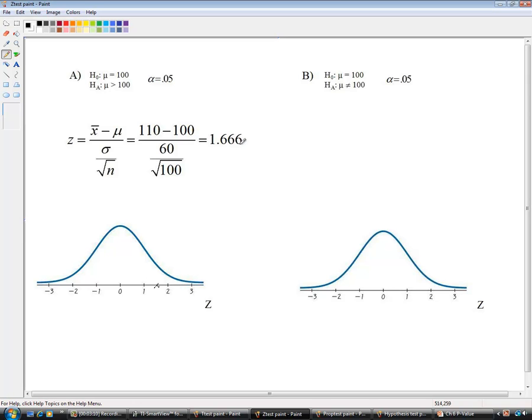Since it is a right-tailed test, the area to the right of that is the p-value. Let me write this 1.67 in. Remember, this is our test statistic, not a critical value. The area to the right of this 1.67 is the level of alpha you need to reject the null hypothesis, or anything above it we would reject.